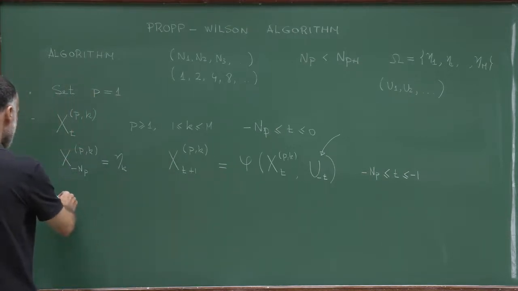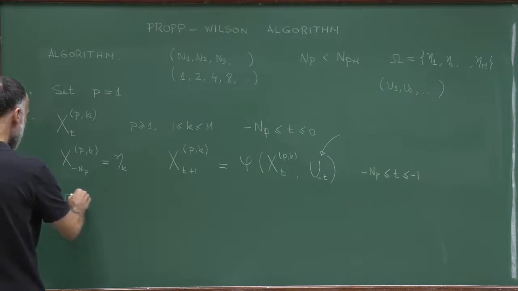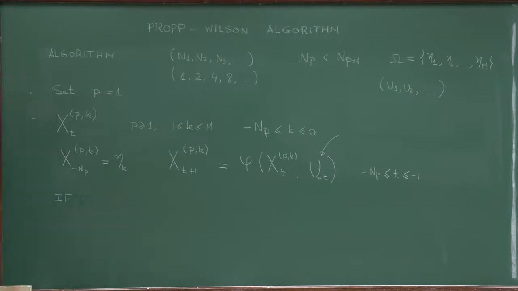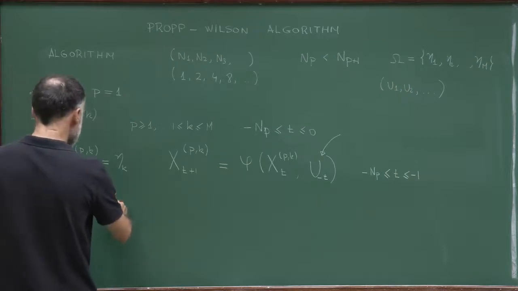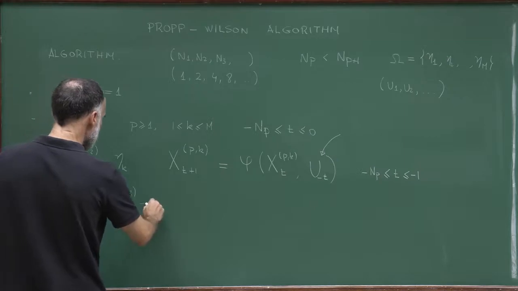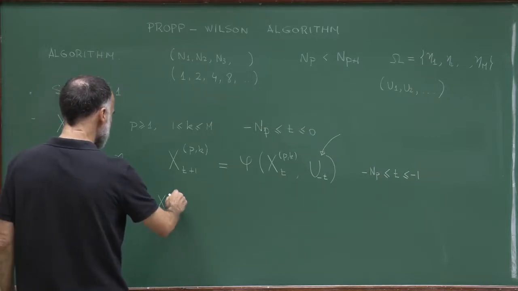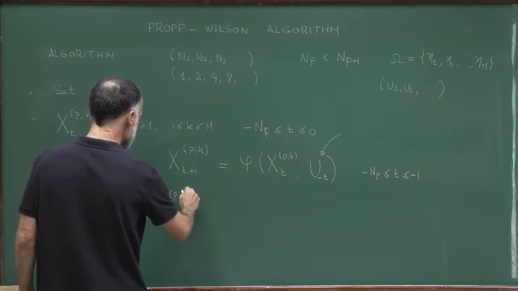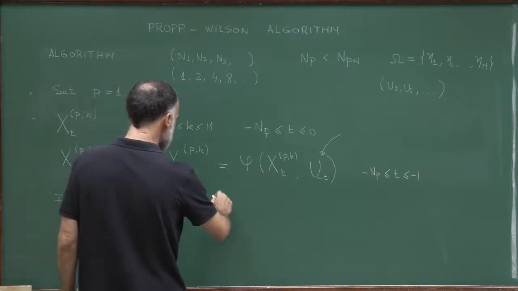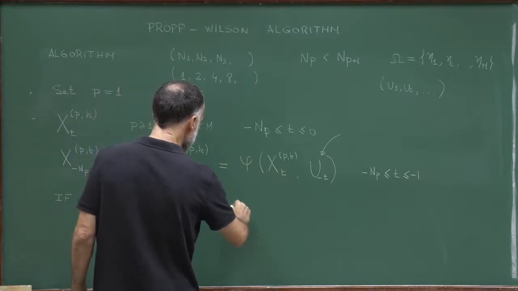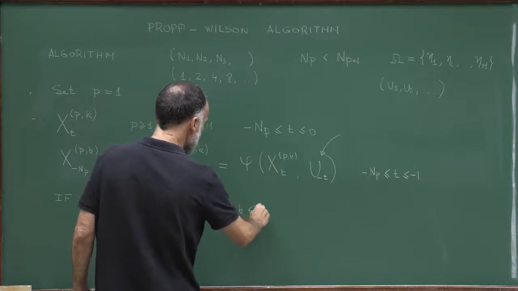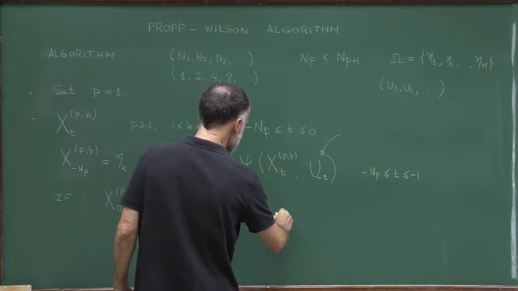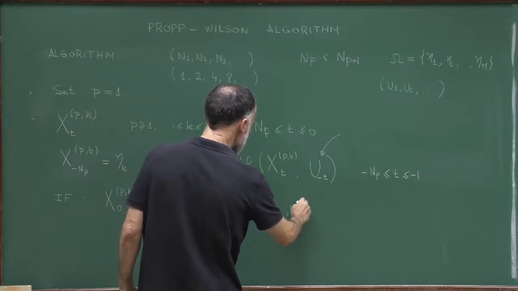So you run these Markov chains, and at time 0 you get values. Two things may happen. Maybe all these chains take the same value: x_p^k at time 0 is equal to x_p^j at time 0, for all j and k in 1 to m.